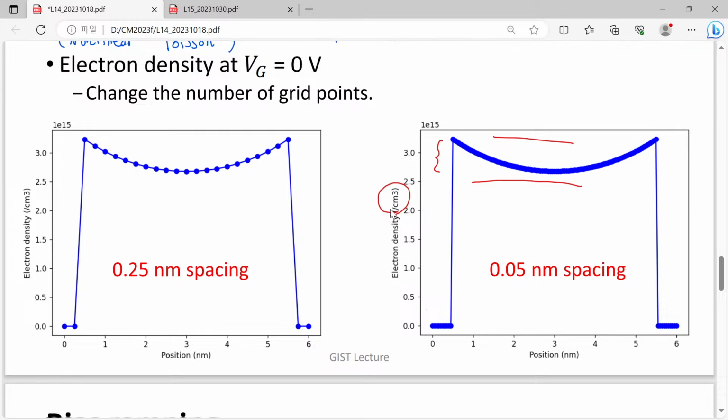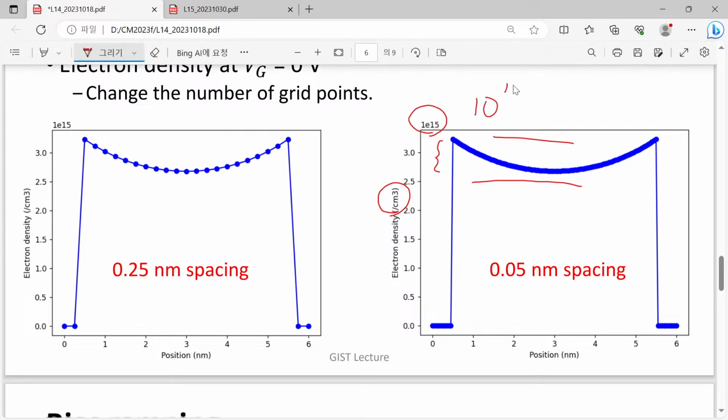This is a typical unit we have to keep in mind, and its value is just 10 to the 15 per cubic centimeter. So it means that almost no electron exists in this channel region.